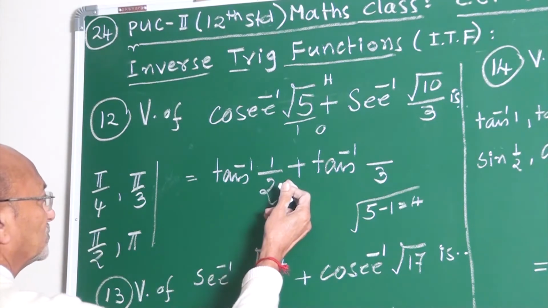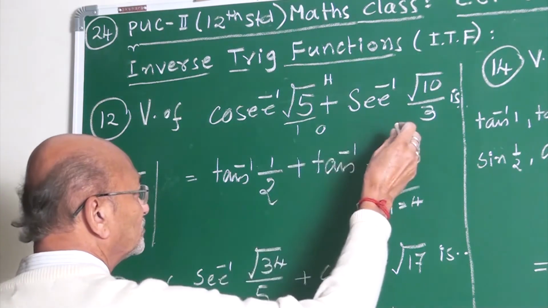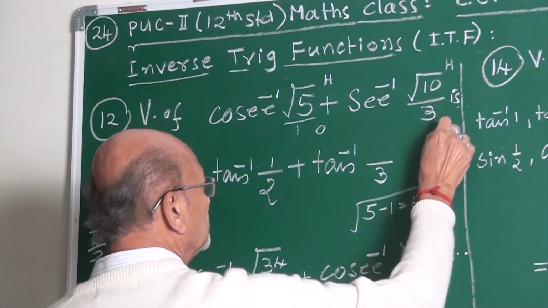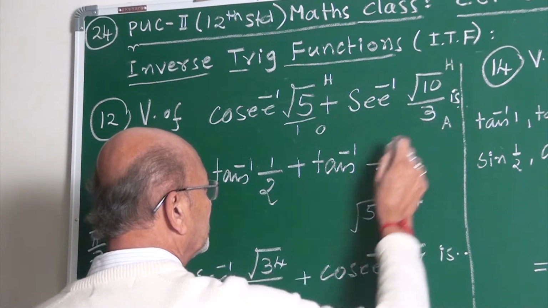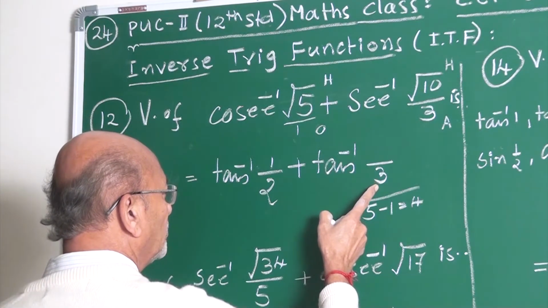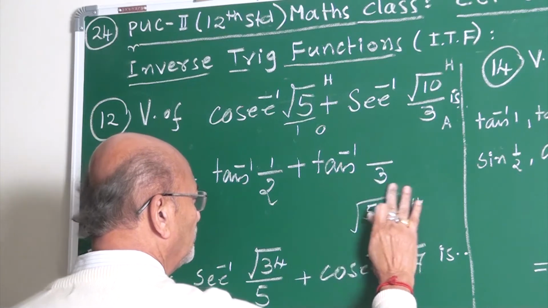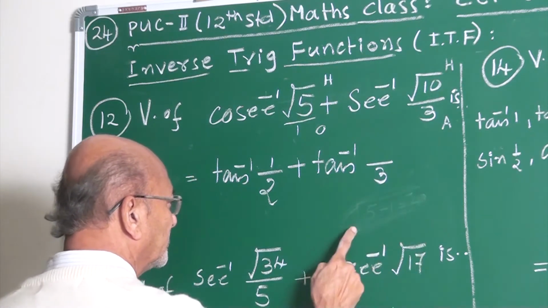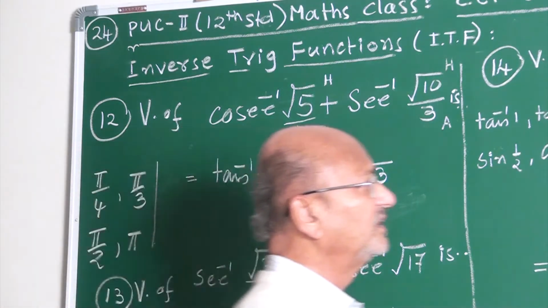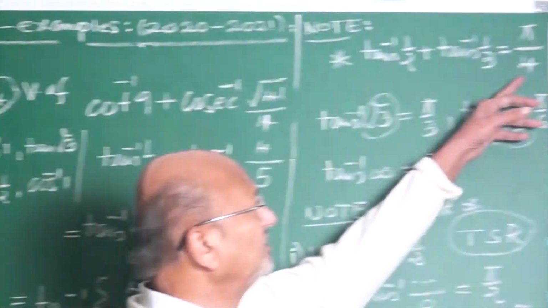1 by 2 plus sec inverse. What is this? Hypotenuse. It is adjacent side. Tan inverse is opposite upon adjacent. What is the denominator? It is 3. When you see the denominator is 2 and the denominator is 3, what is the answer?